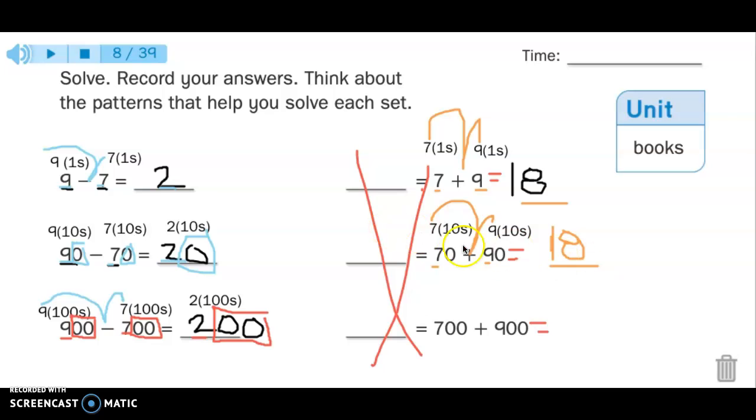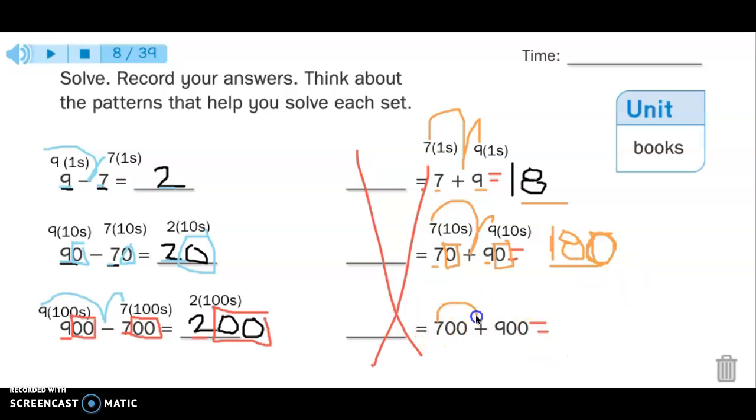But what do I have in each number? Oh, look at that. I'm counting by tens. I need 18 tens. If both of my answers have a 0 in the ones place, I need to add a 0 in the ones place. My answer is 180. Look, I added a 0 in my ones place. Everything shifted over. So think about what you're doing for this one.